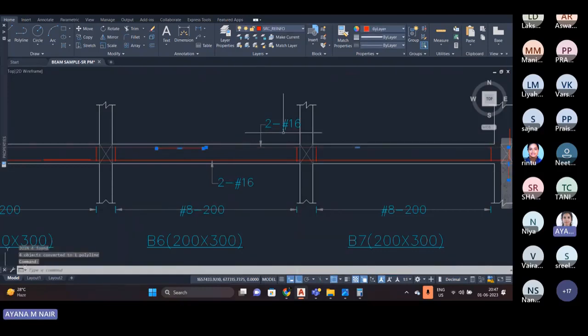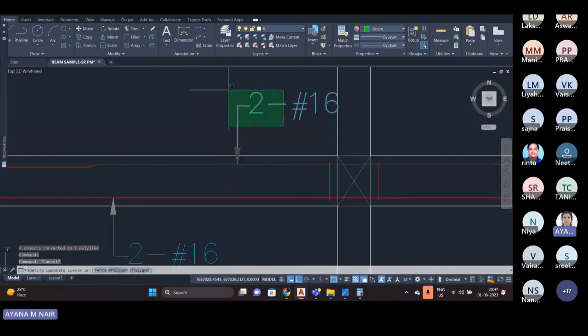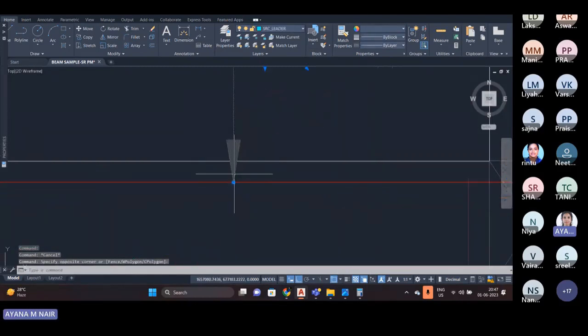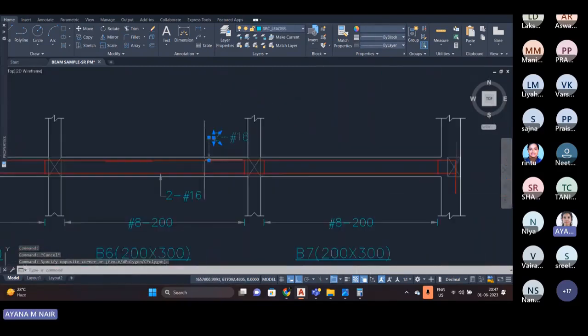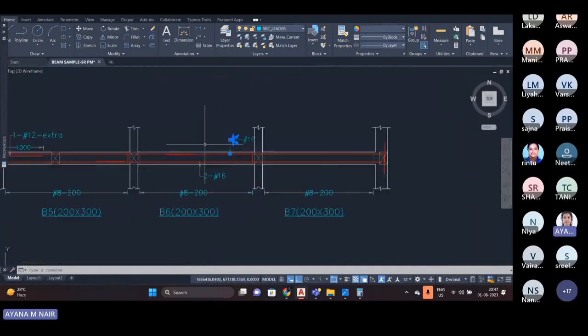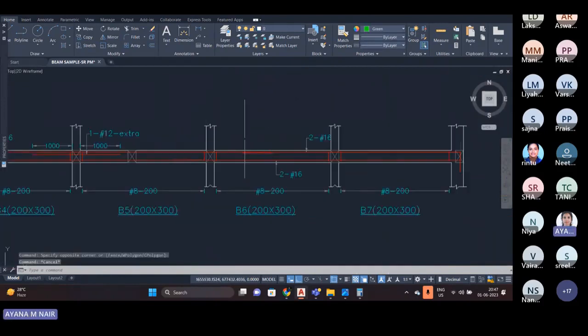And this is in the SRC reinforce layer. And also this tip is already at this bar, so we don't need to correct it further. So basically the lapping is provided like this.